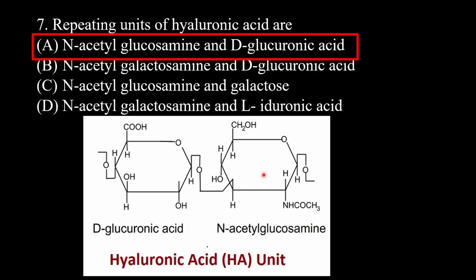This is glucuronic acid because of this acidic group attached. These combine together by linkages and make up the hyaluronic acid single unit, and the repeating units make up the long chain of the hyaluronic acid.